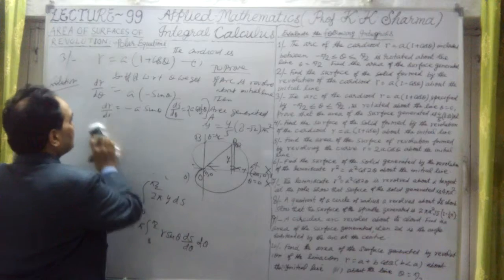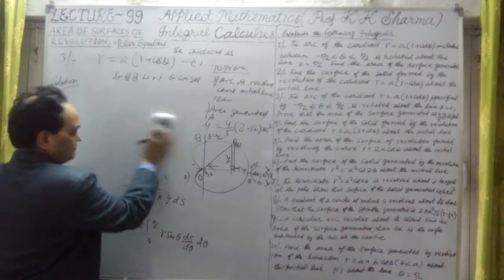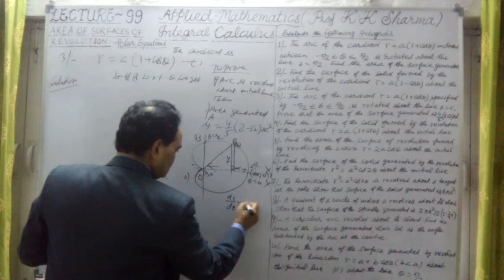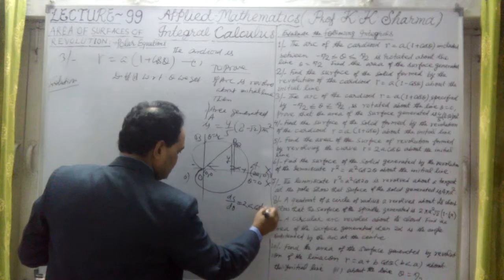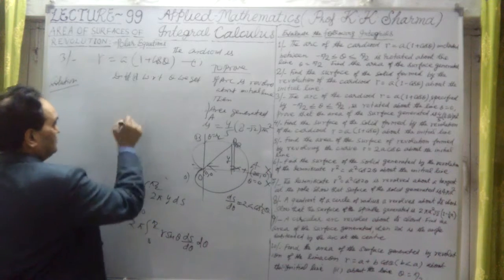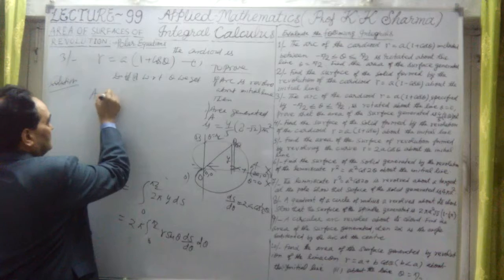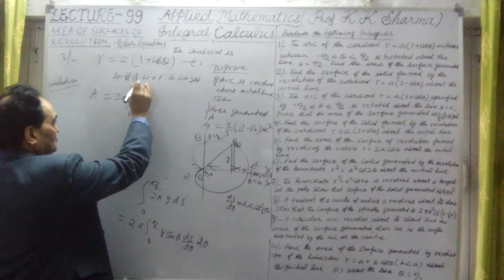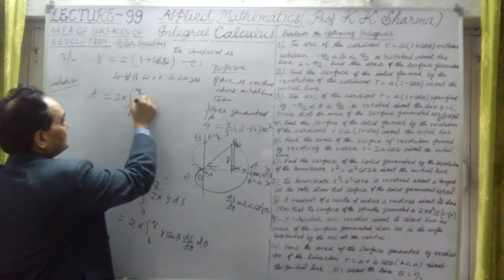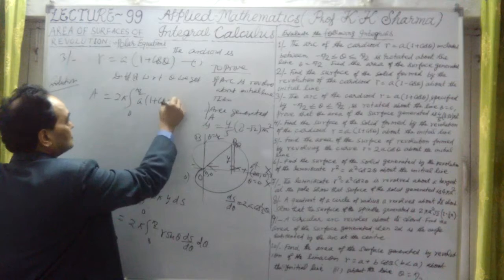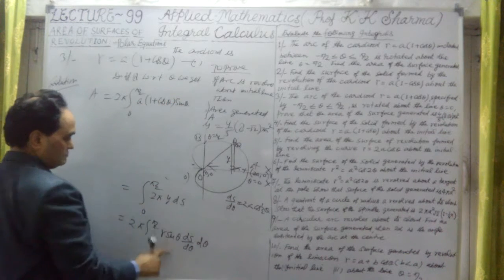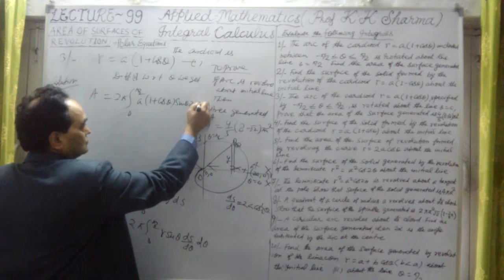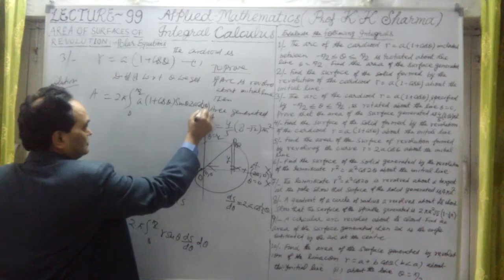Let me now write it here. ds by d theta was equal to twice a into cos half theta. That we will use. Therefore, the required area A is equal to twice pi, 0 to pi by 2, r is a into 1 plus cos theta, into sin theta, into ds by d theta, which is 2a cos half theta into d theta.